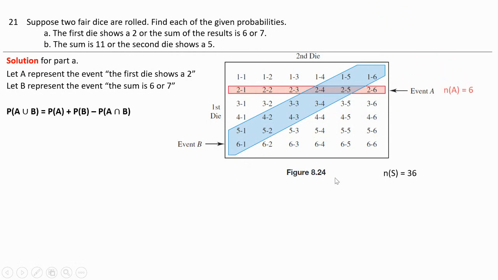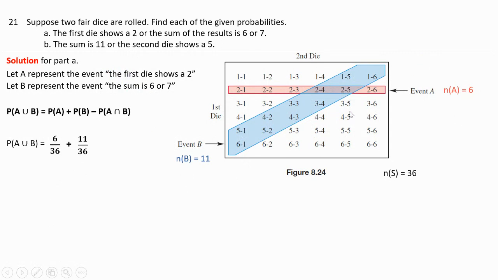So n of A is equal to 6, because there are 6 where the first die is 2. And for n of B, the number of 6 or 7 will be 11, because if we add all these in blue, it's going to be 11. So it's 6 over 36 for A plus 11 over 36 for B.